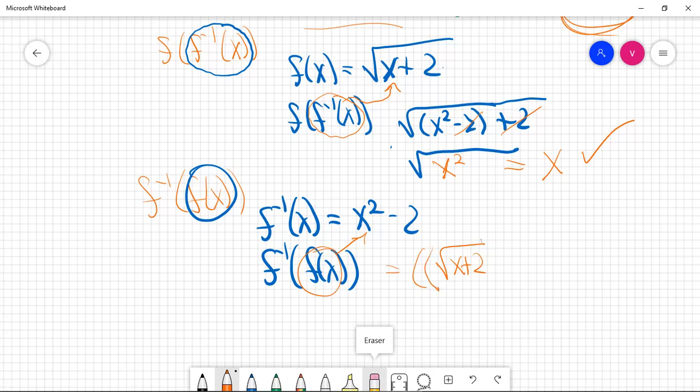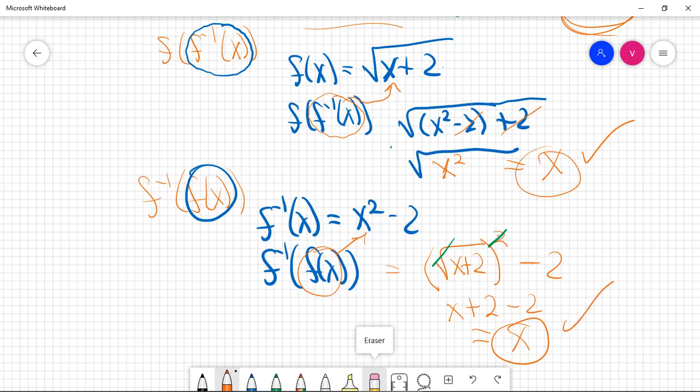That goes in as the input of x squared minus 2. So there's your f of x that we're sticking in there. Again, here the square and the square root cancel each other out, and you're left with whatever's inside of that square root: x plus 2 minus 2, which equals x. Good. It's all working. That's the way it's supposed to be.